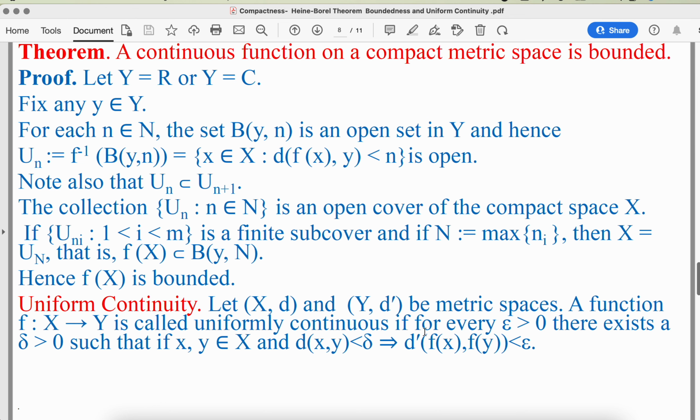These distances are taken with respect to the respective metric spaces, because f is a mapping from X to Y. With respect to X we have metric d, with respect to Y we have metric d'.